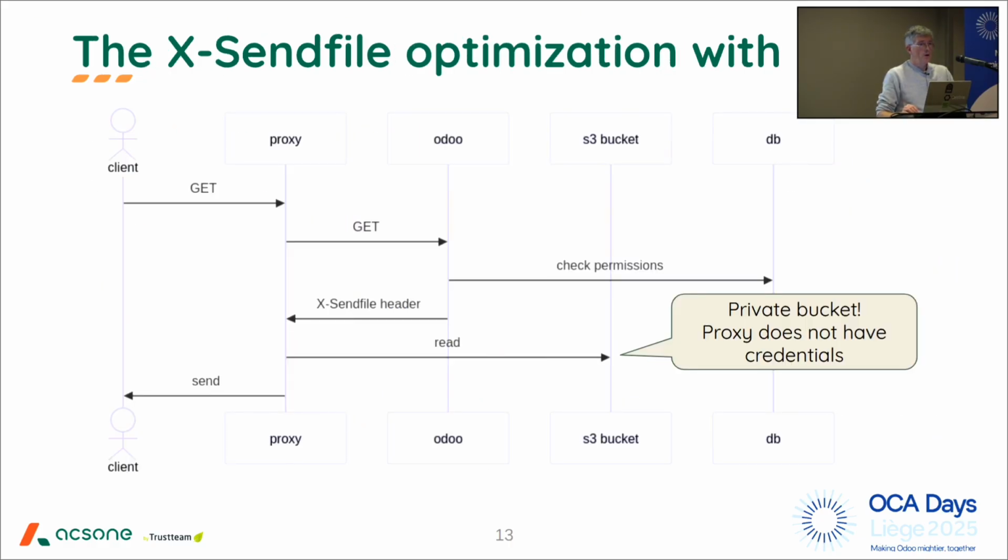Now, if we come back to this x-sendfile optimization, you start to see the problem, because the reverse proxy does not have access. Before, it was looking in the file store, in the local file system. But in this case, we want to read in what is typically a private bucket for which you need credentials to access it.